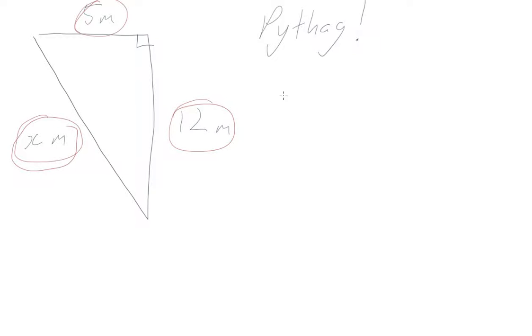Labeling what we've got, Pythag says a squared plus b squared equals c squared. So going through this, what is going to be what? The right angle is there, then opposite that is this thing here. That's going to be c, just like we've done many times before. That's a, and that is b.